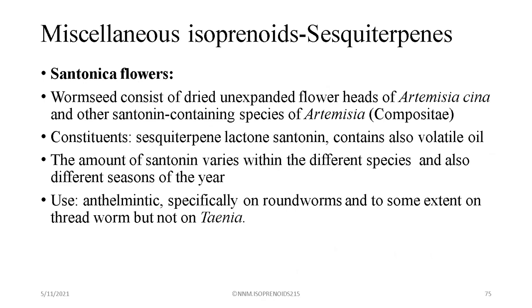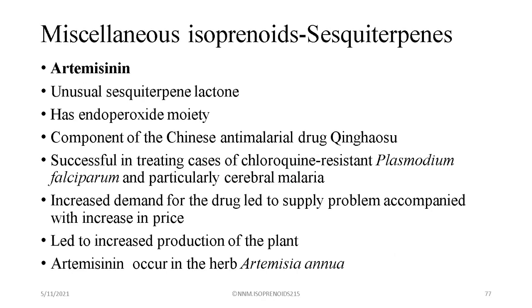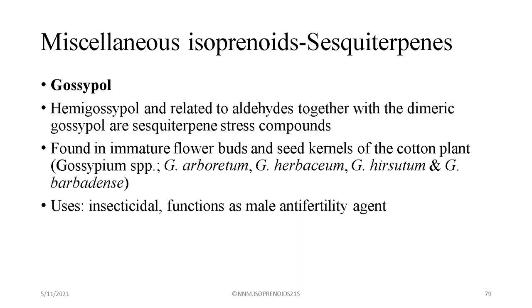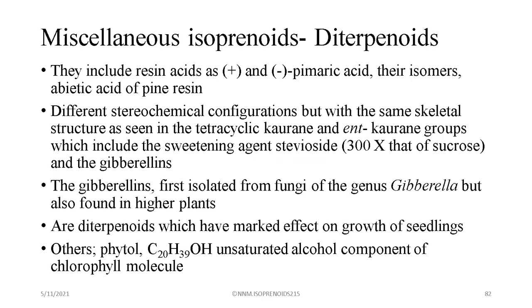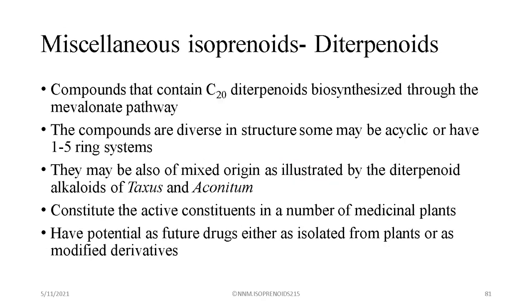Then we talked about Artemisia annua, which is for malaria, the Plasmodium falciparum. Then we talked about Gossypol, for which we use immature flower buds and seed kernels. It has insecticidal activity, and it also can function as a male anti-fertility agent. So I think basically that's it for sesquiterpenes, my people.